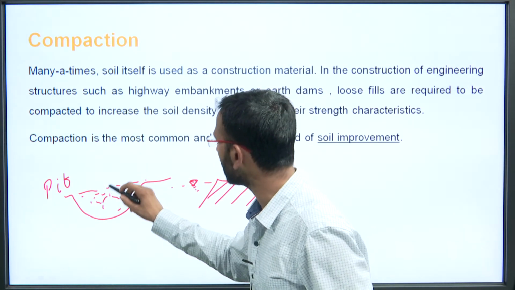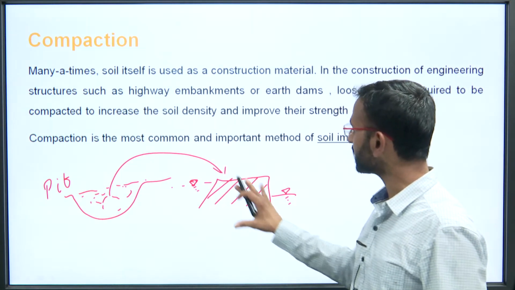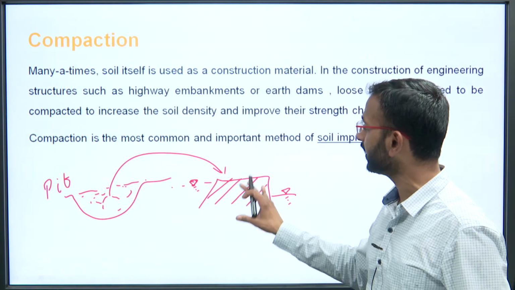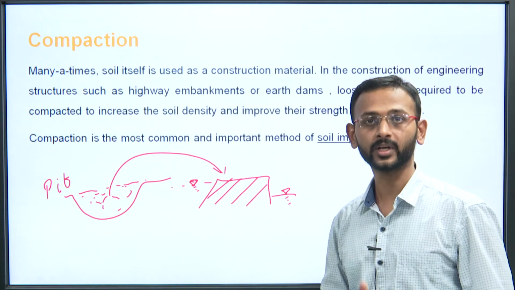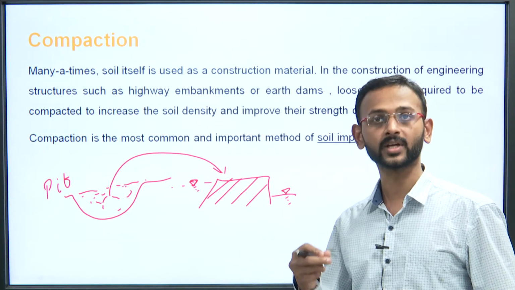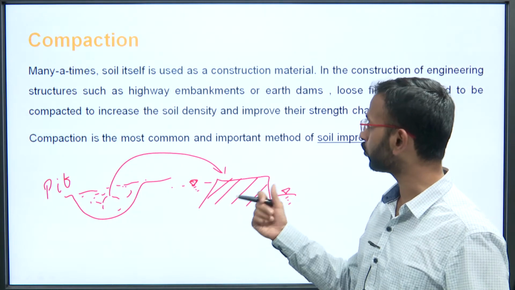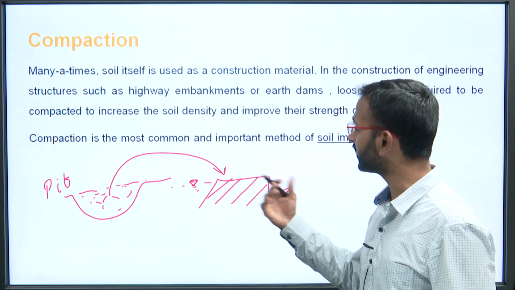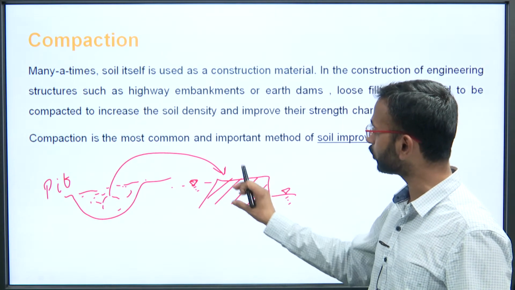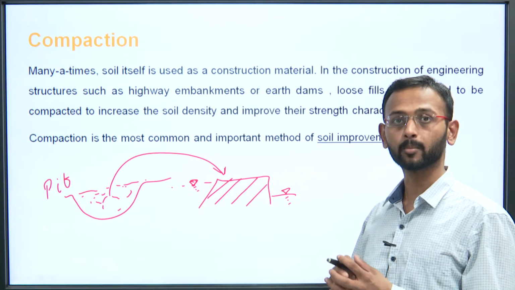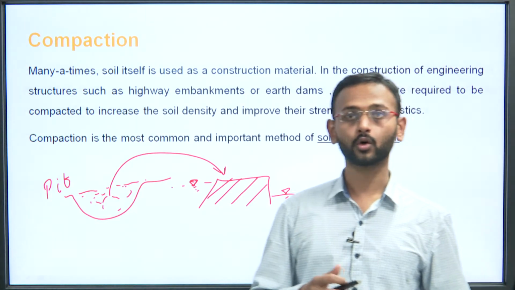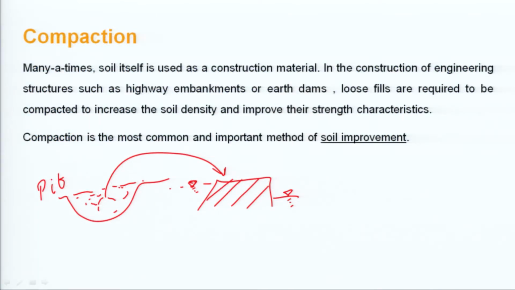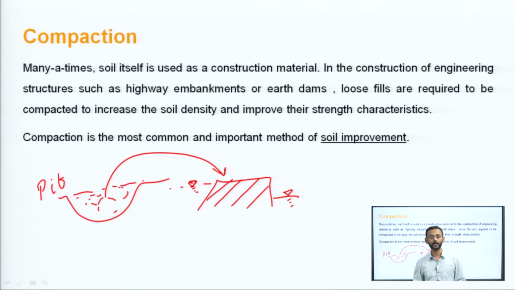So, the loose soil from this pit is brought to this site where the embankment is to be constructed, and it is being compacted, being acted upon by some force. So, what is this force, and what are the different methods to consolidate into a solid mass, that we will be seeing here.